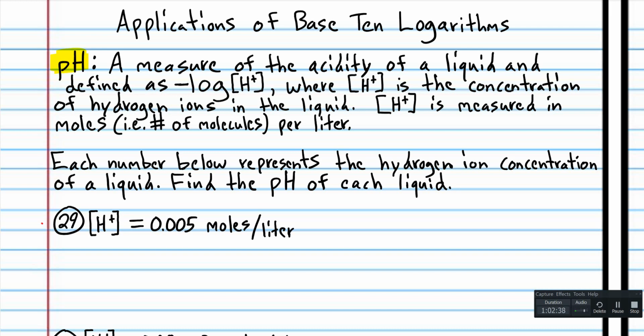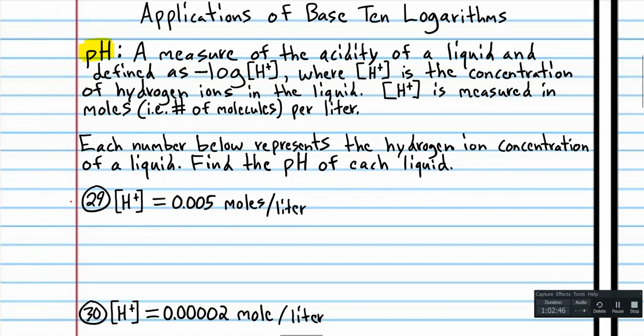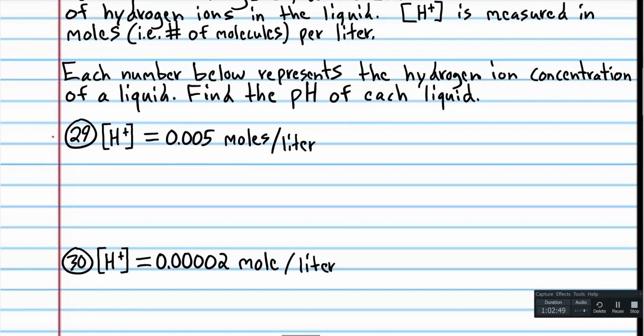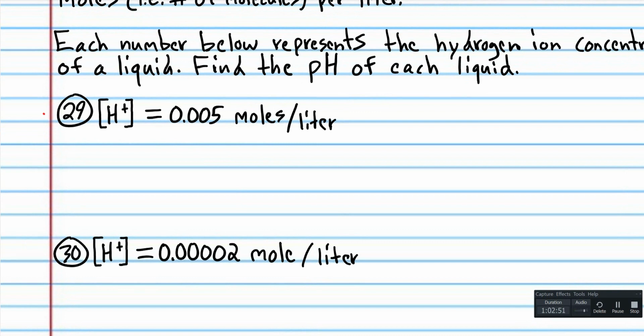For example, when you go to the donut shop, you might say, I want 2 dozen donuts, rather than saying I want 24 donuts. So we're going to use moles, but even using that number, the hydrogen ion concentration is still very, very small. These are small numbers. So in order to measure acidity with numbers that are easier for us to deal with, we use base 10 logarithms. Again, the whole purpose of a base 10 logarithm is to make the numbers easier to work with.